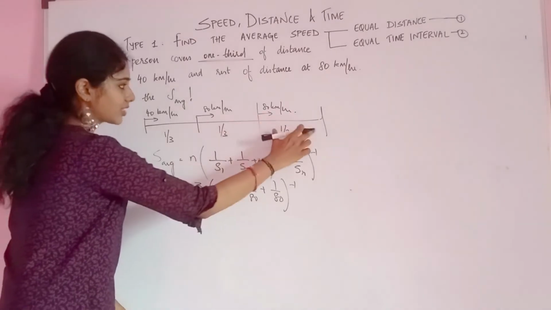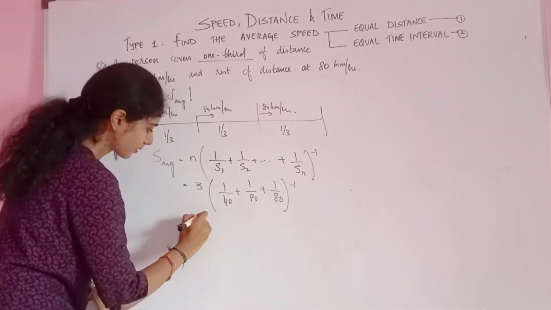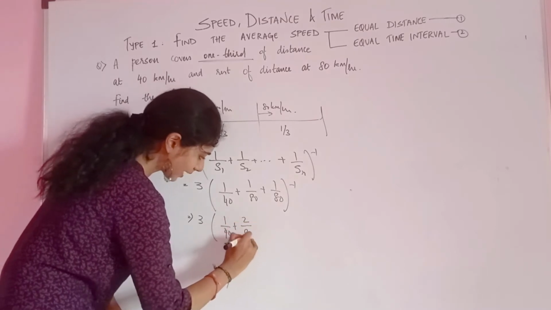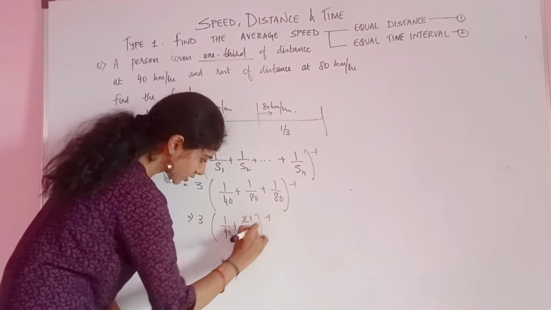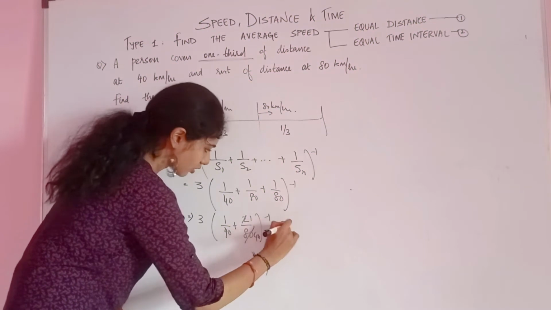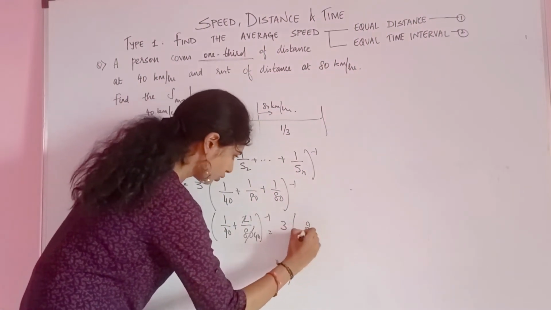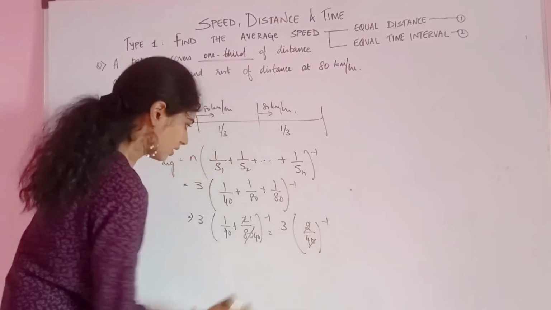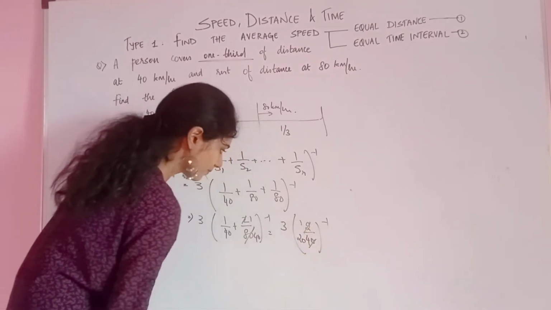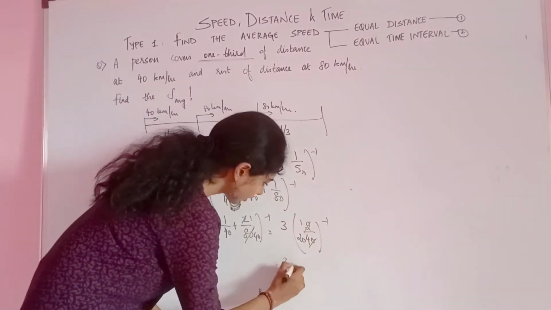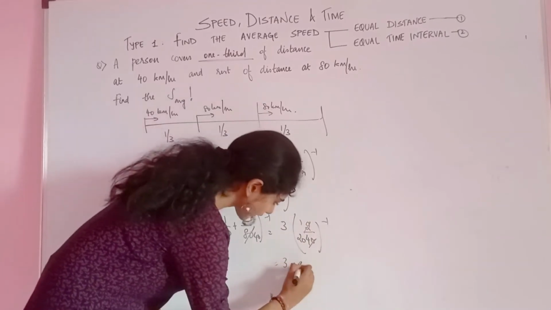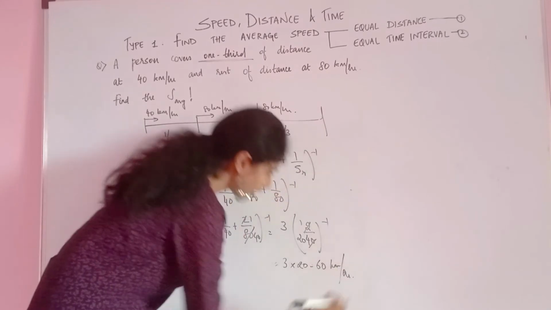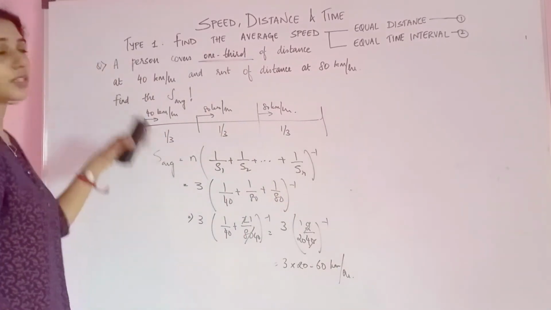So 3 into 1 by 40 plus 2 by 80, the whole inverse. This becomes 1 by 40. So 3 into 2 by 40, the whole inverse. That becomes 1 by 20. It is nothing but 3 into 20, which is 60 km/h. So that's your answer for this question.